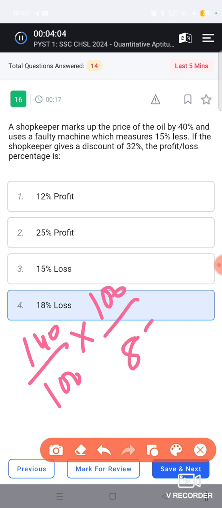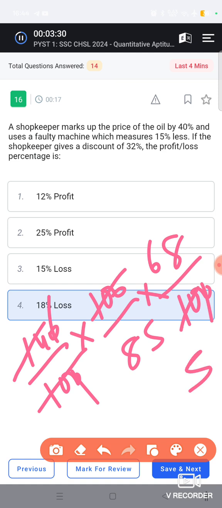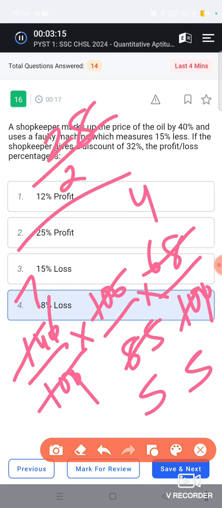If the shopkeeper gives a discount of 32%, find the profit or loss percentage. A shopkeeper marks up the price, 140 by 100, and uses a faulty machine which measures 15% less, that is 85 by 100. And the discount of 32% means 68 by 100. 100 cancels, 10 cancels, 7 14, this is 5 and this is 7, and 17 fours are 28 divided by 25.